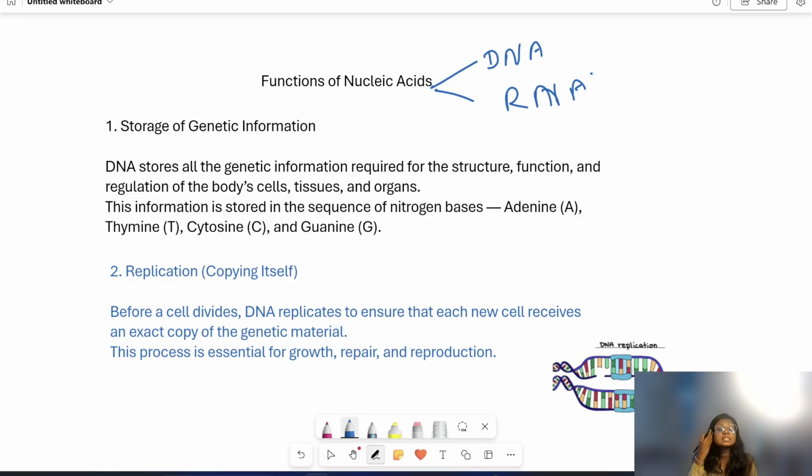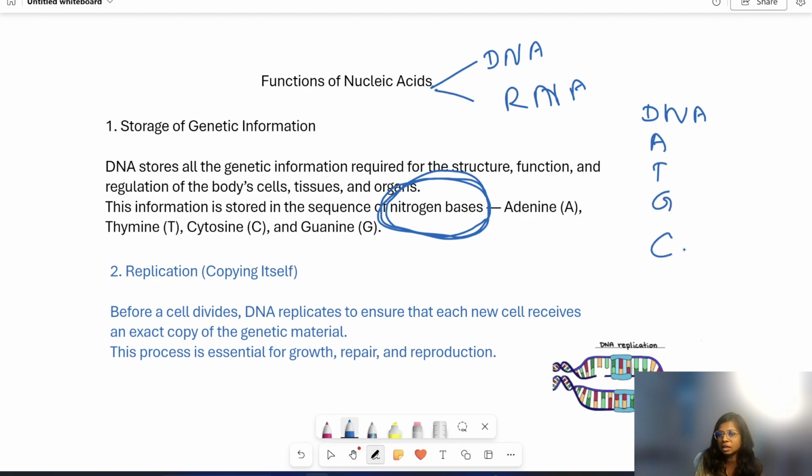This genetic information is stored in the sequence of nitrogen bases. This unique nitrogen base sequence gives the genetic information. Normally we know DNA has 4 nitrogen bases: adenine, thymine, guanine and cytosine. So these base sequences store the genetic information.